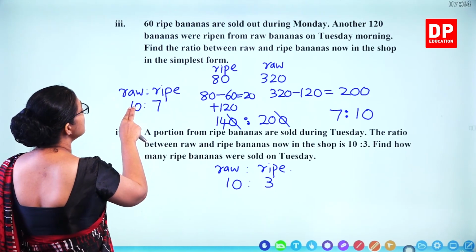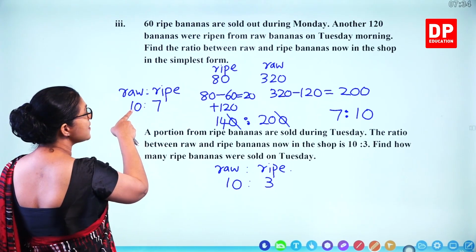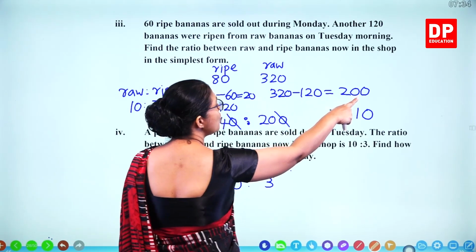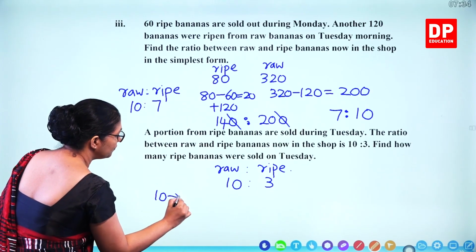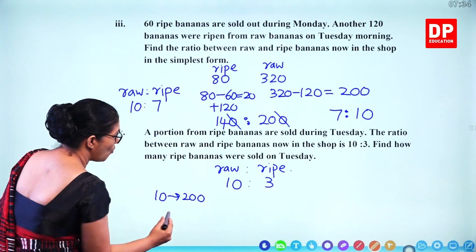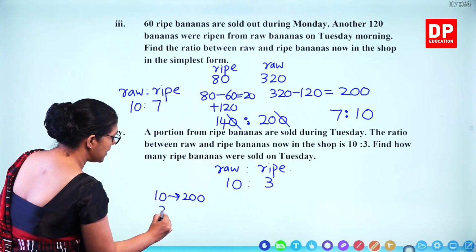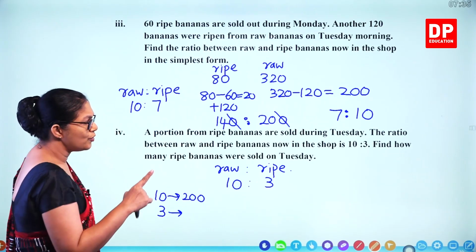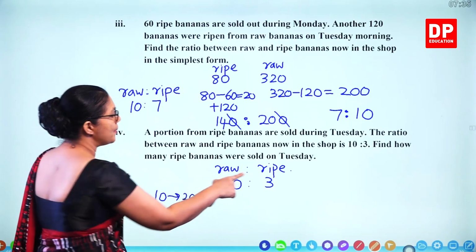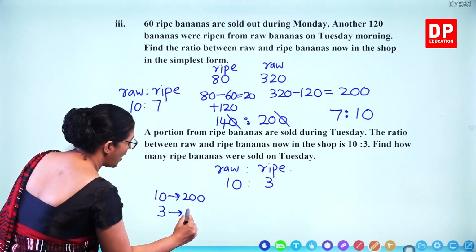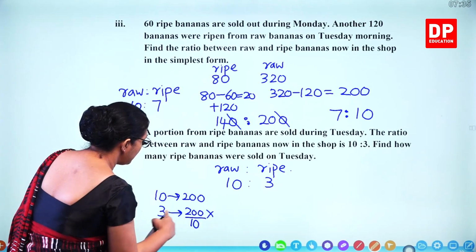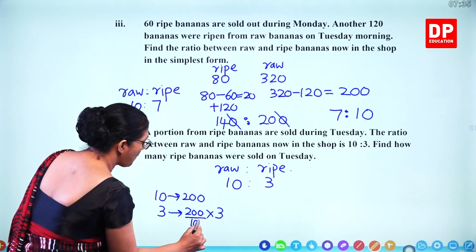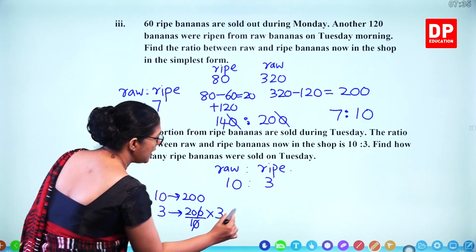So you can use this one. Now 10 to 7 ratio, raw ones are 10. So that's for 200. So 10 means 200. So what about 3 parts? You need ripened ones. So 3 parts means 200 divided by 10 and multiply by 3. That's 60.